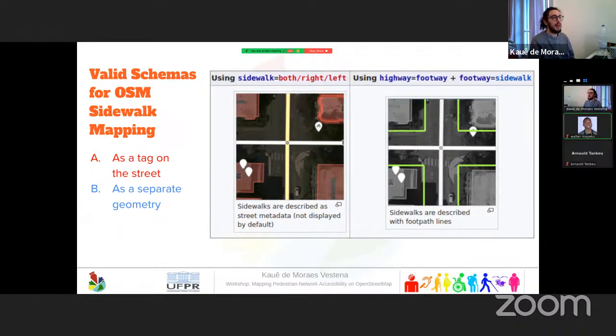We have two schemas still considered valid. The first one is as a simple tag of the street, saying the sidewalk is both, right, left, or no, to say that there is or isn't a sidewalk, or as a separate geometry where you draw the pathway where the sidewalk actually exists.